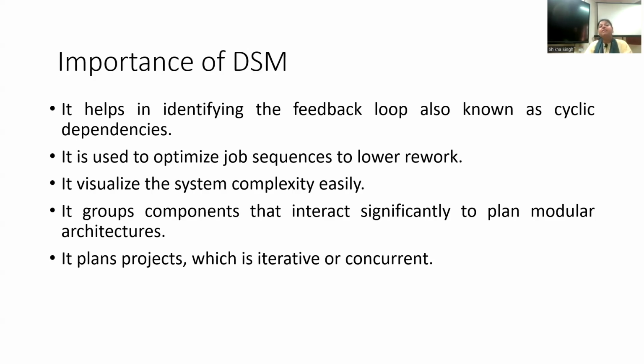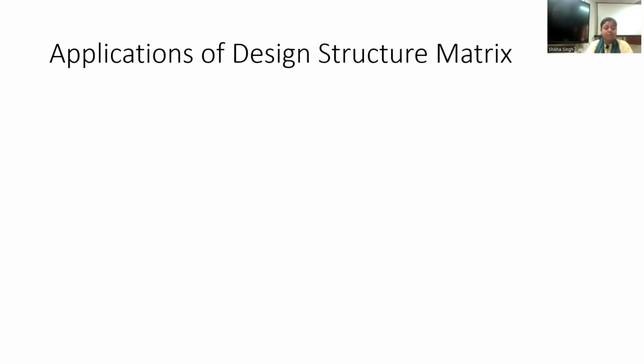Though precedence diagrams and network diagrams express the sequential and parallel activities, in reality there can be feedback loops also, right? So in that case, the DSM may help to plan the projects effectively.